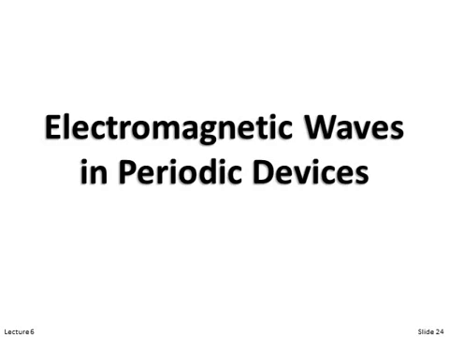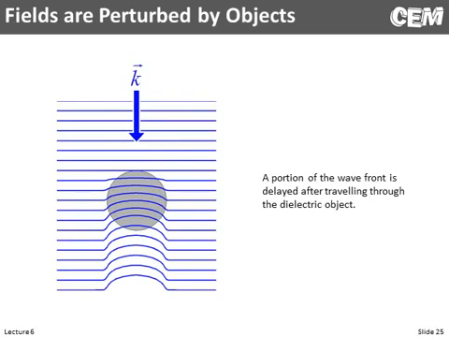Okay, so that's all the lattice vector theory. Now we want to talk about electromagnetic waves inside periodic devices, and hopefully we can find some simplifications to help us. The first concept to understand, I'm showing a dielectric object here and a wave passing through it.